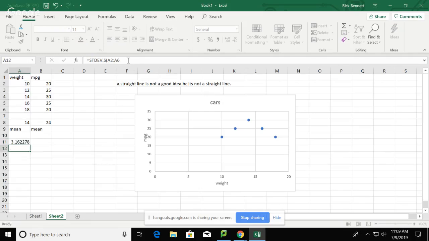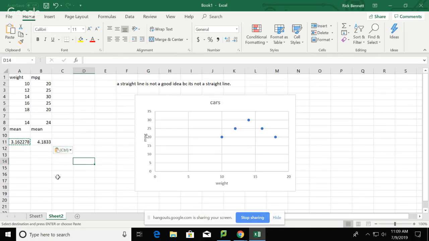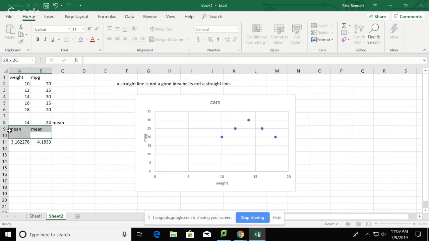Okay. So that's the standard deviation. Maybe over here I should actually put that these are the means. That's nicer, eh? Okay, they're correct, both of these.